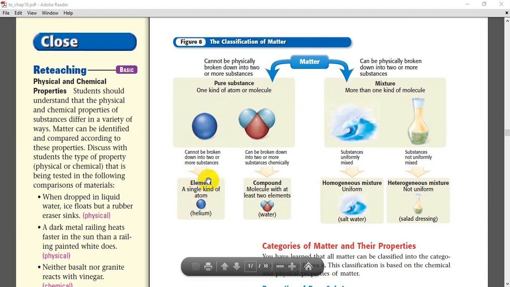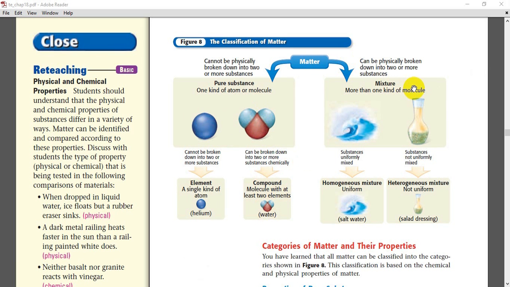Elements have one kind of atom. Pure substances can also be compounds, which can be broken down into two or more substances chemically. You can break down water into hydrogen alone and oxygen alone. A compound is a molecule with at least two elements, different atoms.